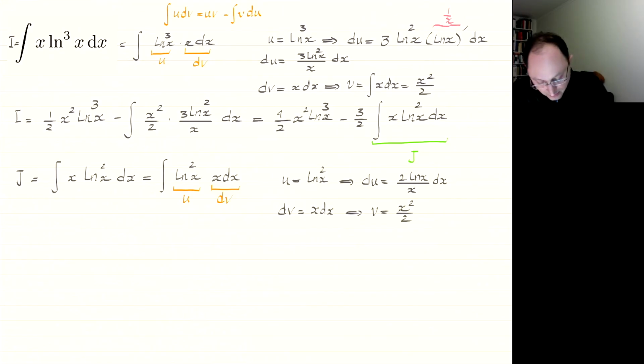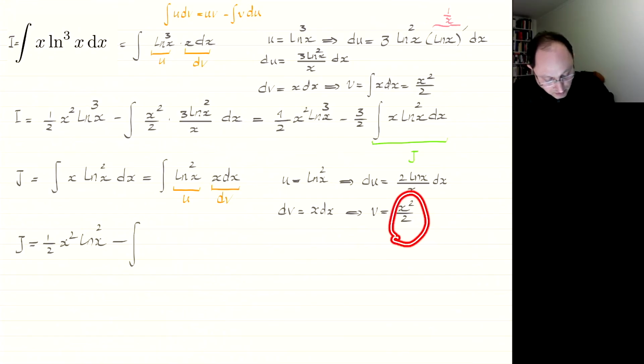Again, this j that I want to calculate is the integral of u dv. I use the formula once more, so j can be written as u times v. This time, this is my u and this is my v, so I multiply them. So it becomes 1 over 2 x squared ln of x squared minus the integral of the other way around, v du. So this is my v and this is my du.